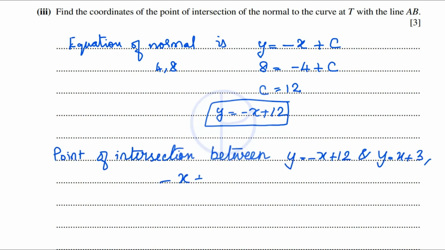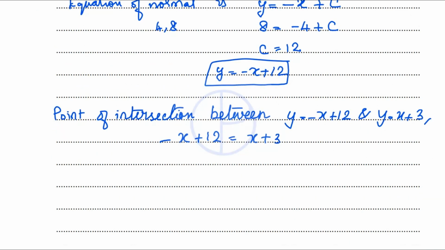So minus x plus 12 equals x plus 3. Bring x terms into one side and the numbers into another side. So 2x will be equal to 12 minus 3, 9. So x equals 9 over 2.